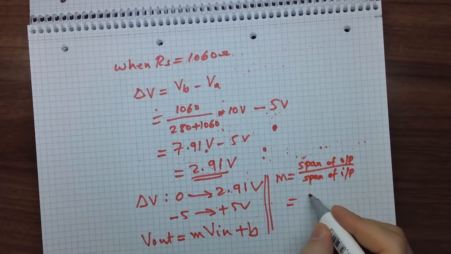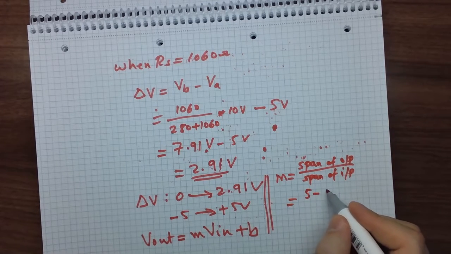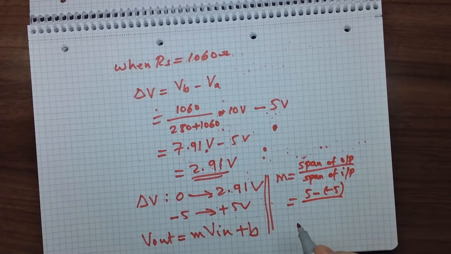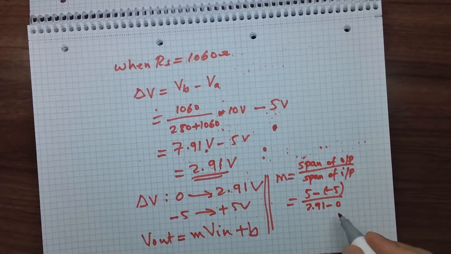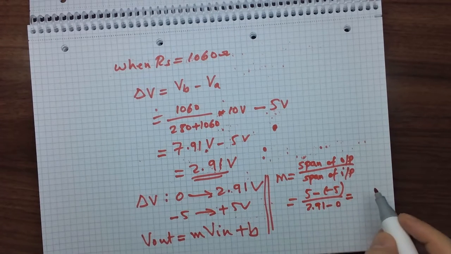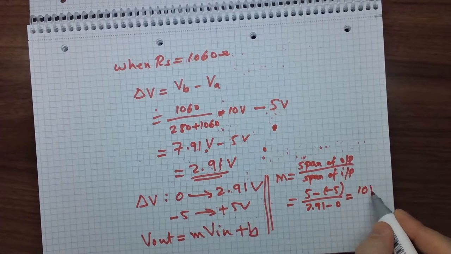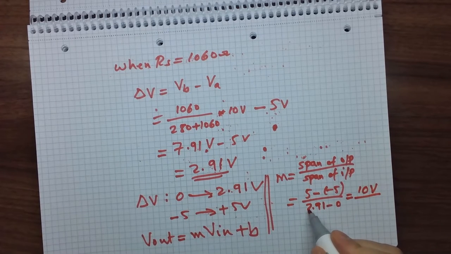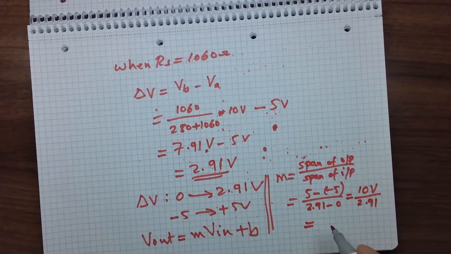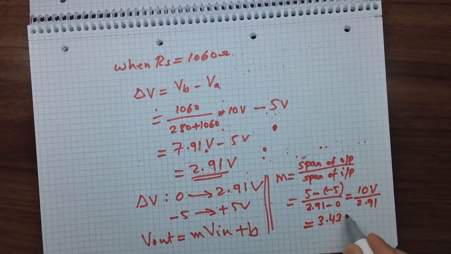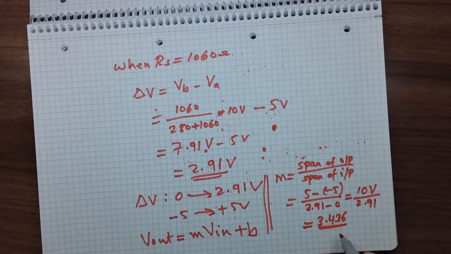Span of output is equal to 5 plus 5, which is 10 volt, over the span of input, which is 2.91 minus 0. When we divide 10 volt over 2.91, we get 3.436. This is the gain of our circuit.